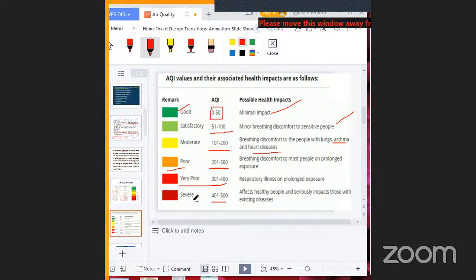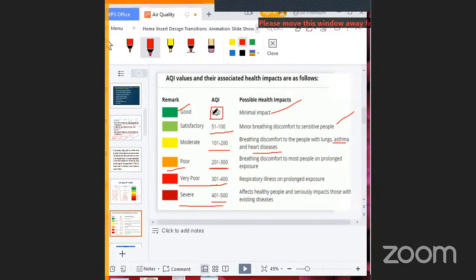And lastly 401 to 500, very severe, may cause respiratory impacts even on healthy people, and serious health impacts on people with lung and heart disease. The health impacts may be experienced even during light physical activities.